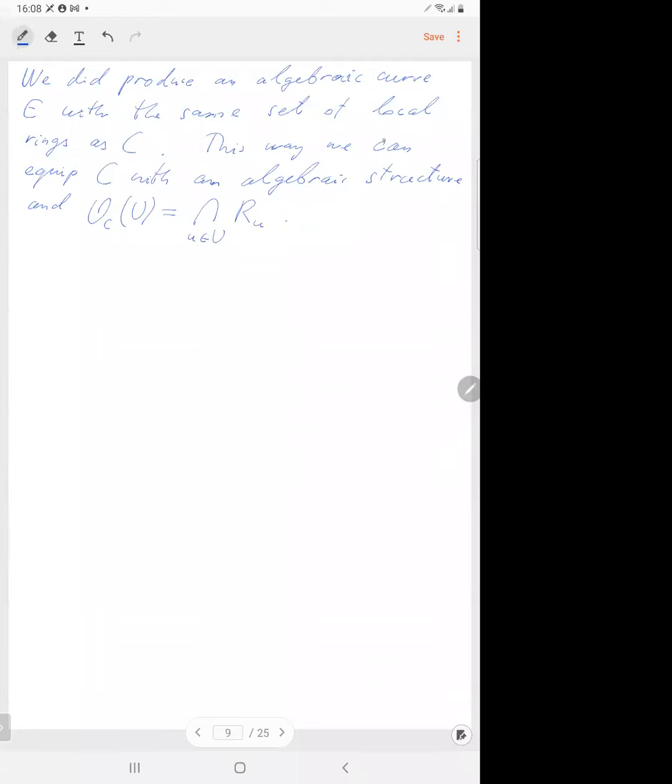But then what we produced with the help of this E is something canonically defined, and we don't need the choice of T anymore. Okay, so this is canonically defined, independent of the choice of the parameter.